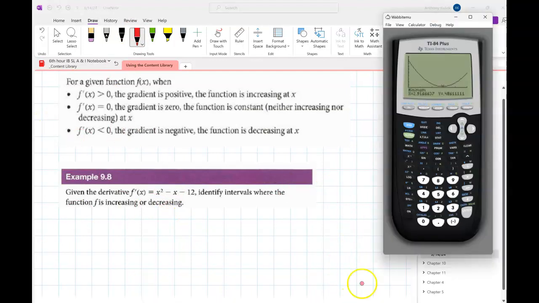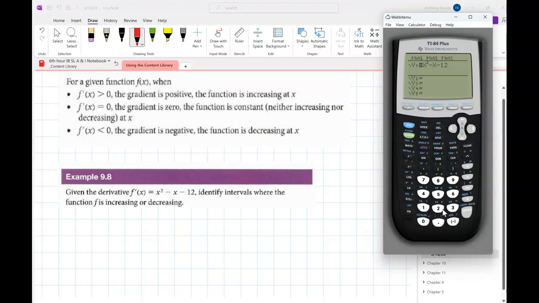What are we looking for when we graph this derivative on our calculator? This is representing the slope of the function, right? The derivative is representing the slope of the function, but we're asking the question where the function is increasing and where it's decreasing. So what slopes correspond to increasing? Positive.